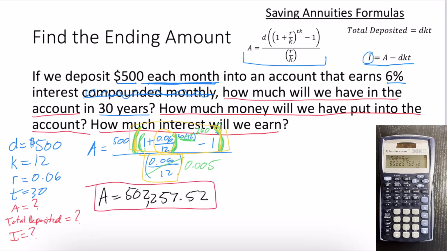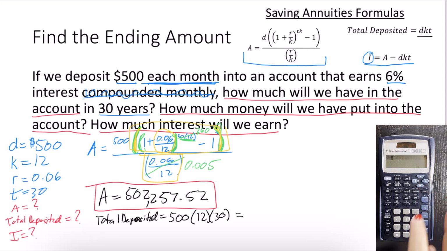And then to find the total deposited, we're going to say the total deposited, that's going to equal D times K times T, according to the formula. So we know what D is, that's 500. We know what K is, that's 12. And then we know what T is, and that's 30.